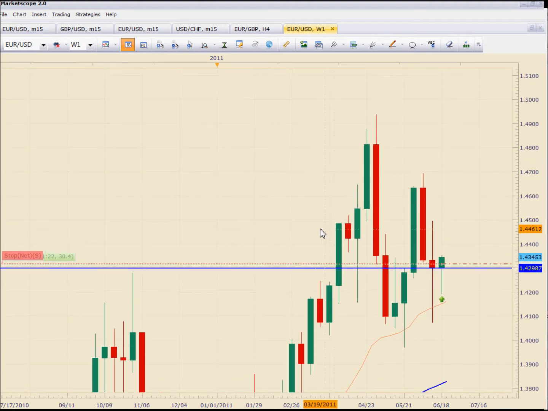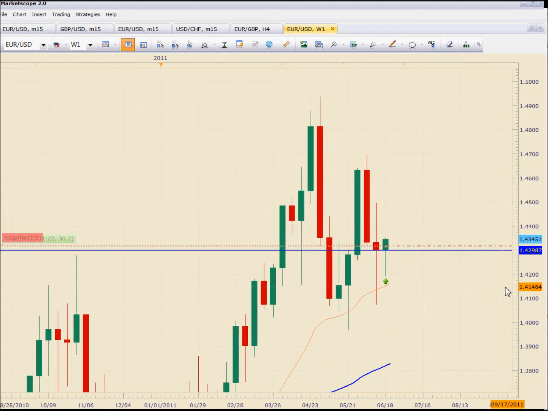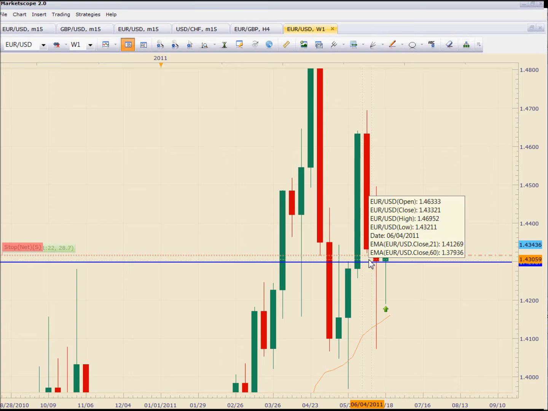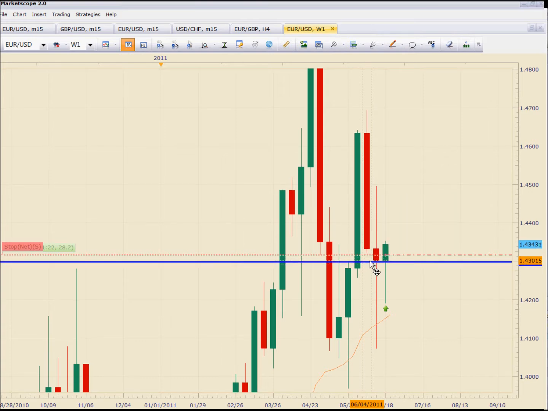And what I do, I always try to identify the close of last week's candle. The one that's already closed from last week, it's very important for me to know where it closed. So here we go again, candle close right here, and then after that close, it made a move to the downside.